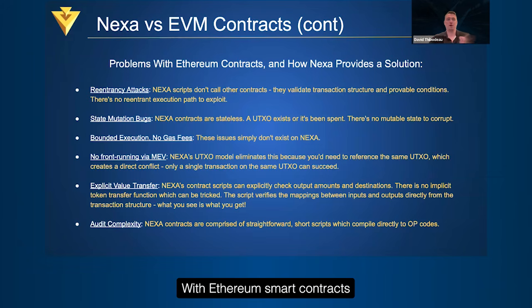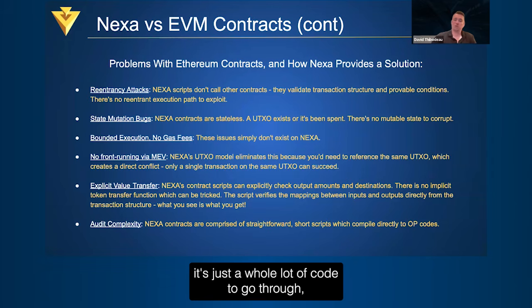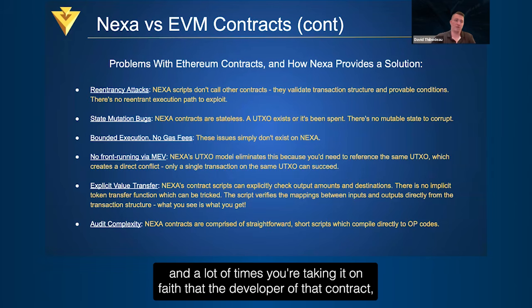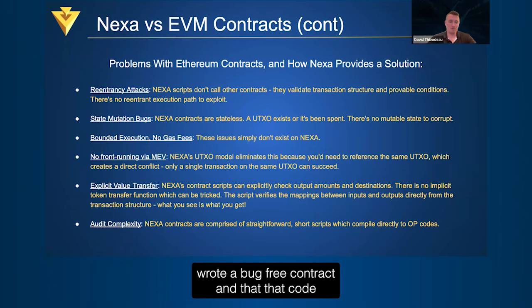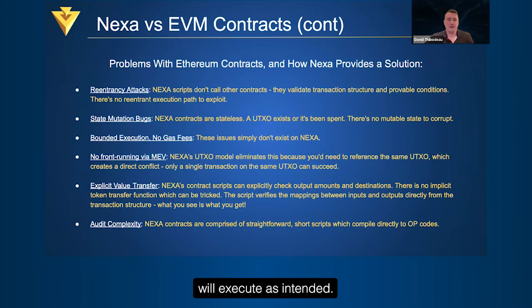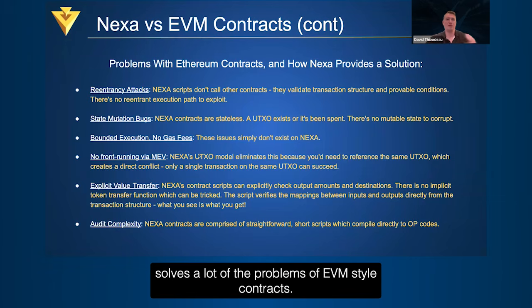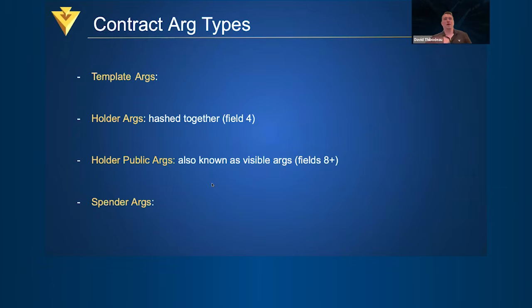With Ethereum smart contracts, it's just a whole lot of code to go through, and a lot of times you're taking it on faith that the developer of that contract wrote a bug-free contract and that the code will execute as intended. So that is how Nexa solves a lot of the problems of EVM style contracts.